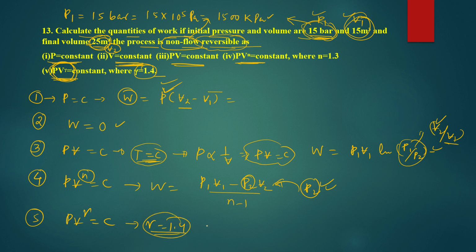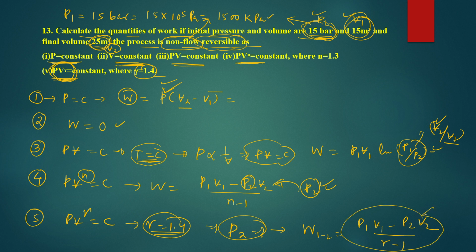So you have to use gamma as 1.4 with PV^gamma equal to constant and find the value of pressure P2, and after finding it you use it in this equation: (P1 V1 minus P2 V2) divided by (gamma minus 1). Again, in this equation you can put in all these values and find the work interaction for all these processes. I hope it is clear, and with this we have solved some of the questions.